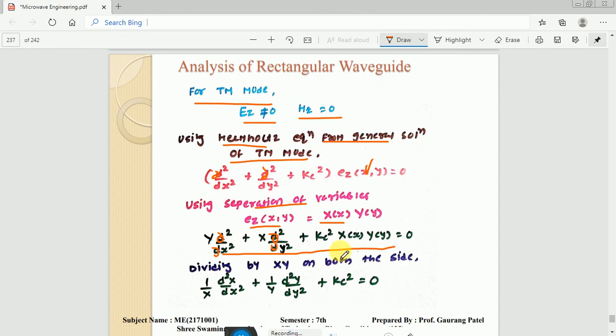Now dividing both sides by XY, we will get 1 over X del square X divided by del x square plus 1 over Y del square Y divided by del y square plus kc square is equal to 0.